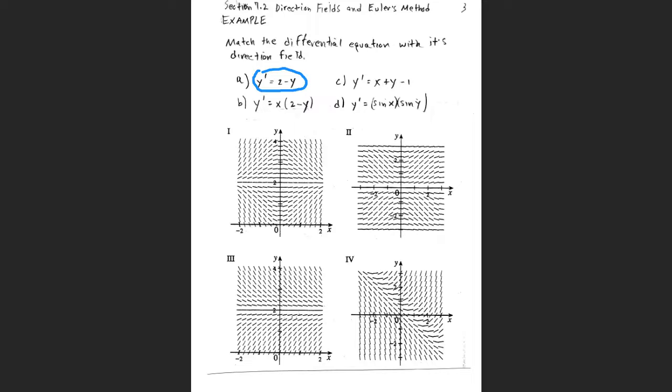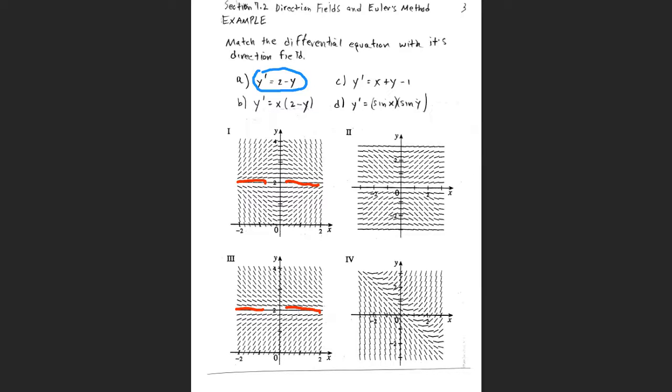Because you see on number 3, along the line y equals 2, it's flat there. That's an equilibrium solution. And the first graph also is flat at y equals 2.